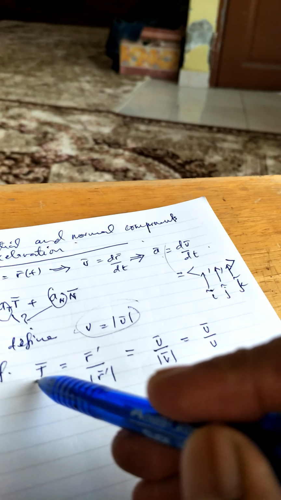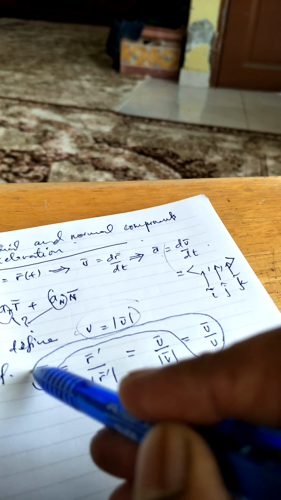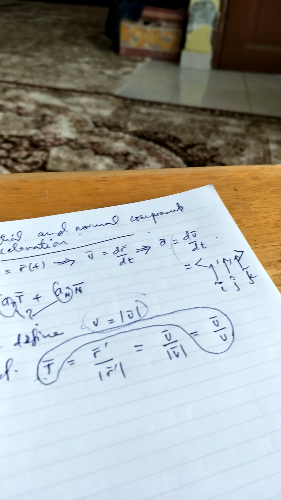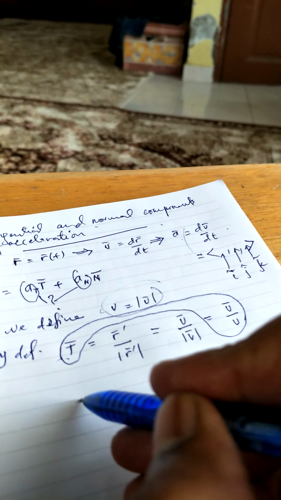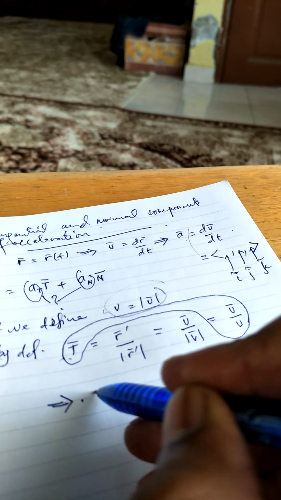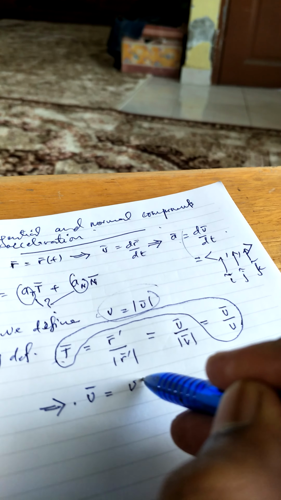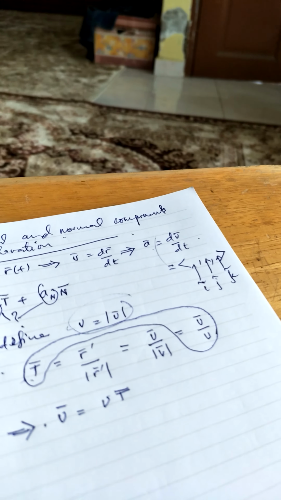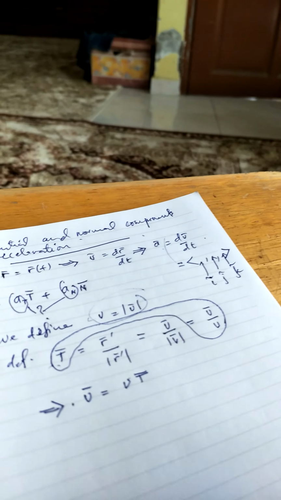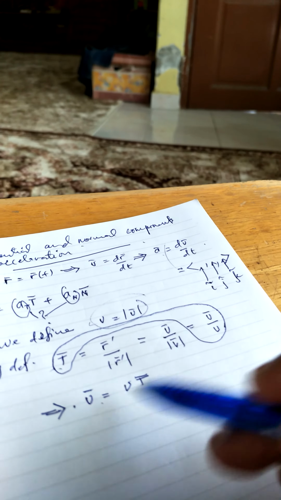Okay, so consider this equation here. We can write v, so therefore we have v equal to v T. Now in order to get a from that v, we just differentiate those things.